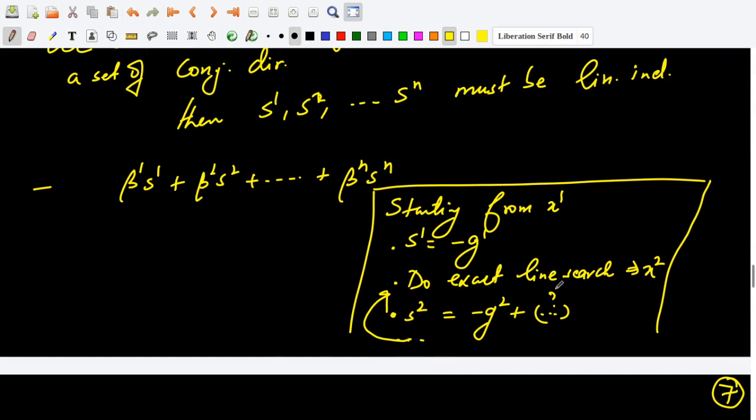Okay, so the trick is to find this extra term in finding this S2.